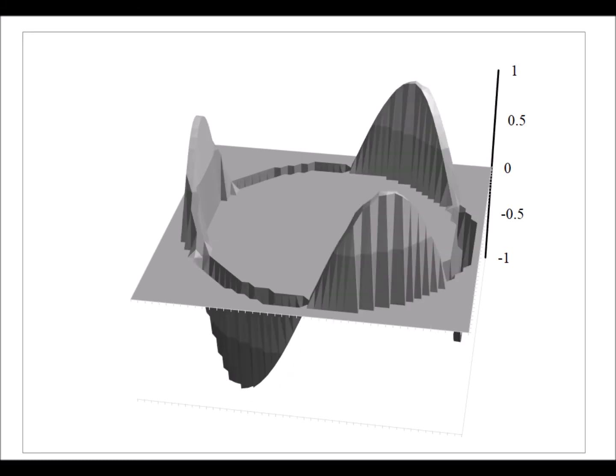Here we have the display for the real part of the rigid rotor wave function when we have the quantum number m sub l being equal to 3.